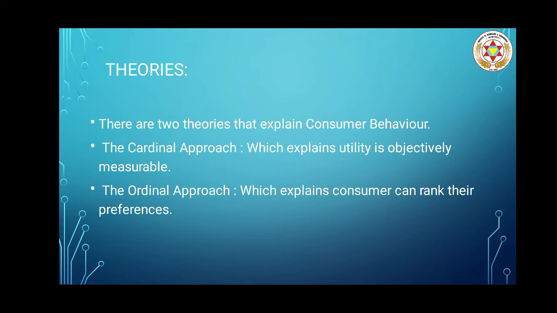So the two theories that explain consumer behavior are the cardinal approach, which explains that utility is objectively measurable, and the ordinal approach, which explains that consumers can rank their preferences. In this module, I am going to discuss the ordinal approach of measuring utility.